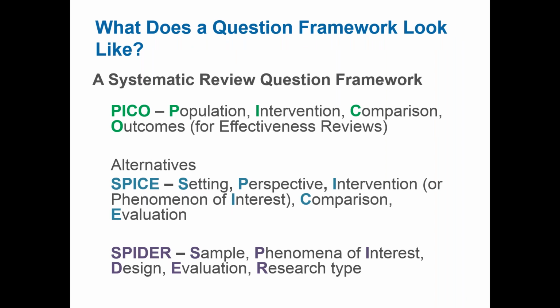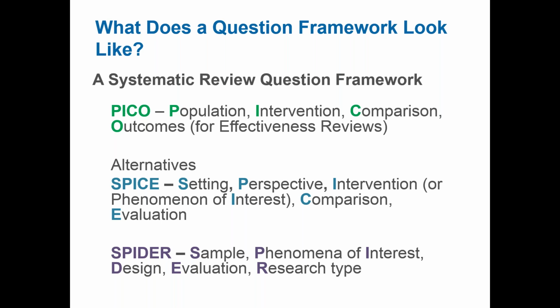So what does the question framework look like? PICO is familiar to people, and I will give you a bit more detail on that, with P standing for population, I for the intervention of concern, C for the comparison that you're making, and O for the outcomes of interest. Often this is used for effectiveness reviews, but I think it can equally well apply to qualitative reviews, although alternatives have been developed that some people feel work better because the terms they use are a little bit more flexible.